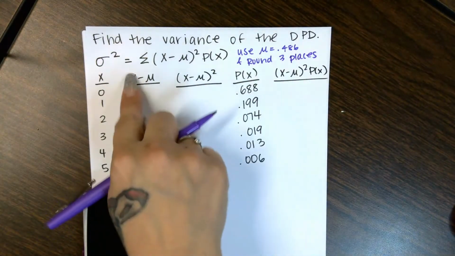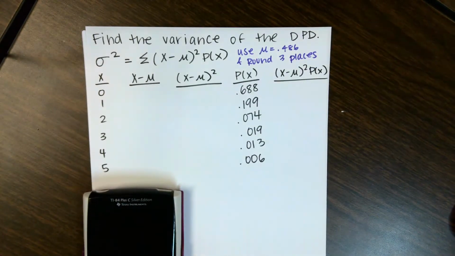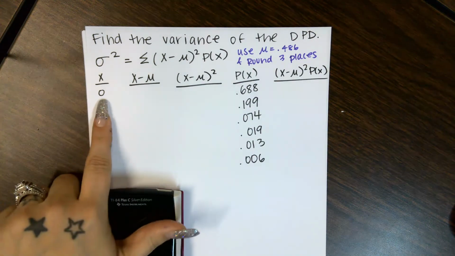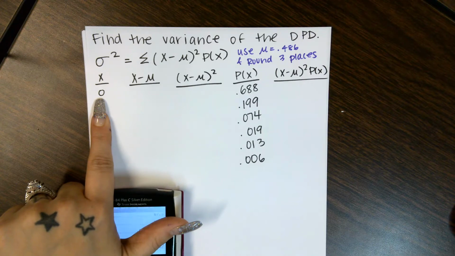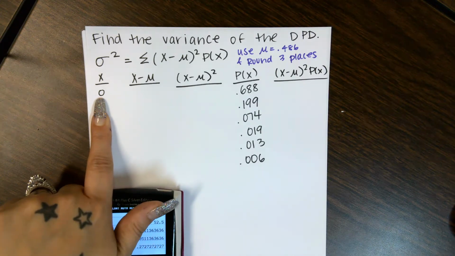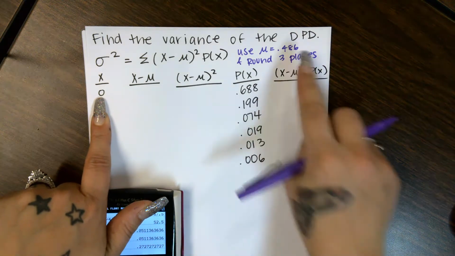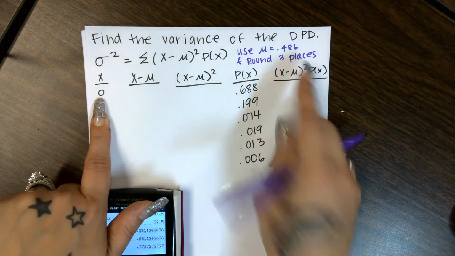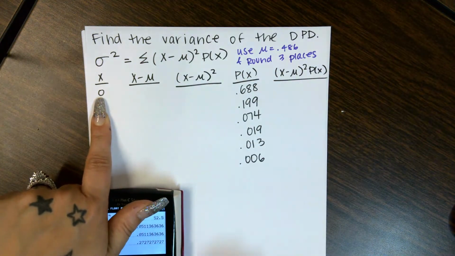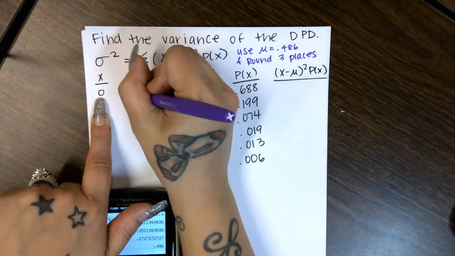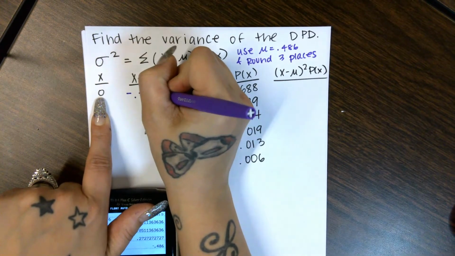If you read these symbols right here, that says take your x and subtract your mean. What is my x in this first row? It is 0 in the first row, so I do 0 minus my mean, 0.486. My answer is negative 0.486.